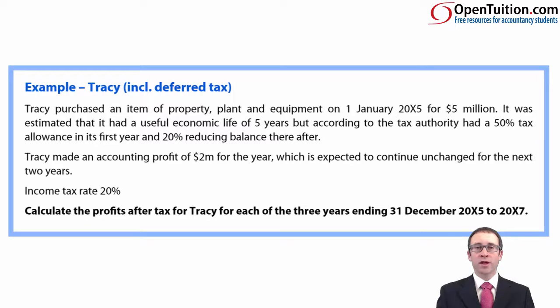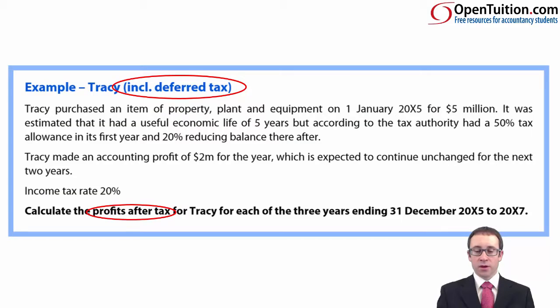Was that the example Tracy? The example Tracy wants us to work out the same profit after tax, so the profits for the year. But the key bit is that we're now going to incorporate those 4 steps to work out the deferred tax, so that hopefully that will rid us of our problems that we saw earlier on.